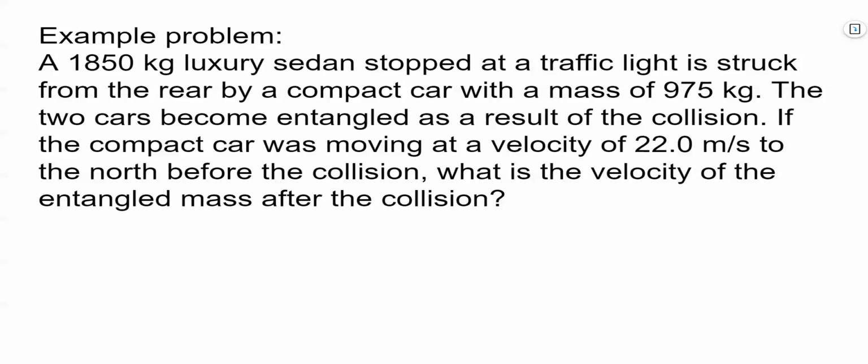They get all mangled up together. If the compact car was moving at a velocity of 22.0 meters per second to the north before this collision took place, what would the velocity of both cars tangled together be after it collides? So go ahead and try this one out, and then we'll run it.